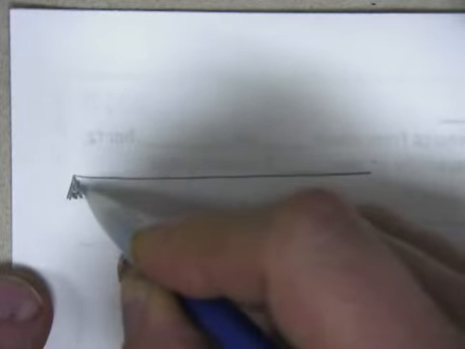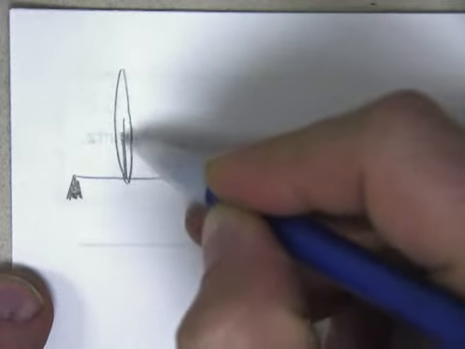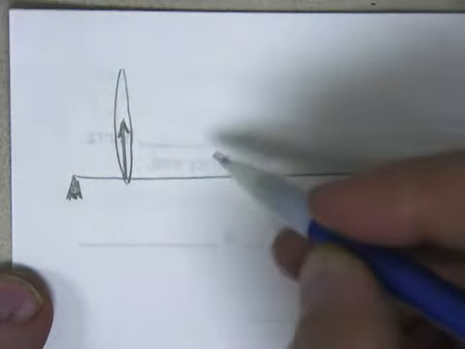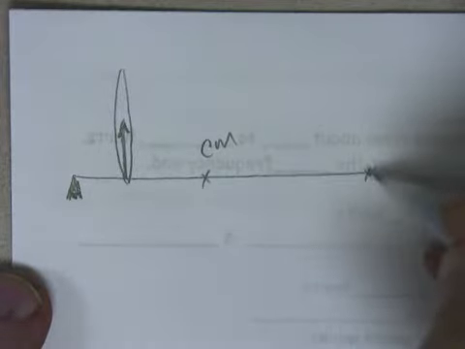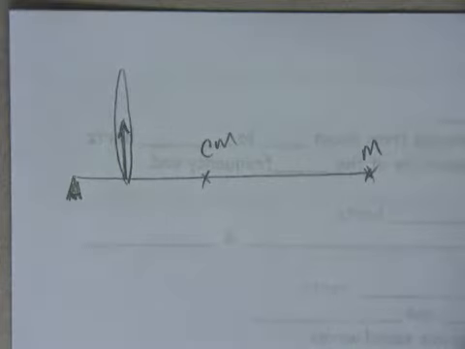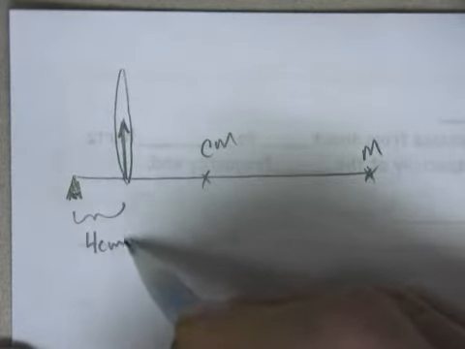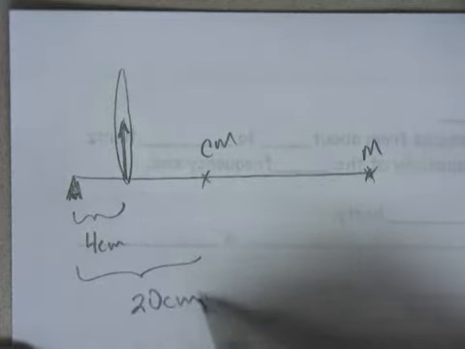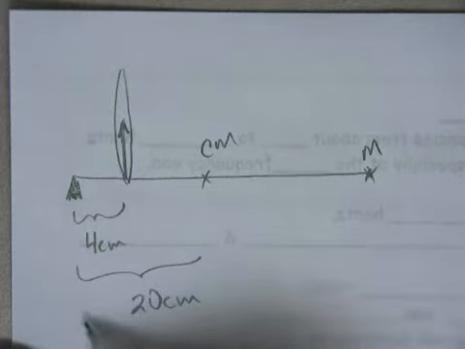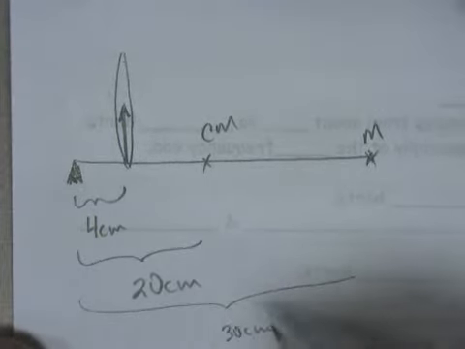So here is the pivot point. This is going to be your elbow, and then we'll have the muscle come down and connect here. So the muscle is going to be pulling up on your arm. We'll have the center of mass, CM, right here on your arm, and then here's the mass that you'll be holding in your hand. Some distances real quick. This is 4 centimeters. This here is going to be 20 centimeters, and all the way out to this point is going to be 30 centimeters.